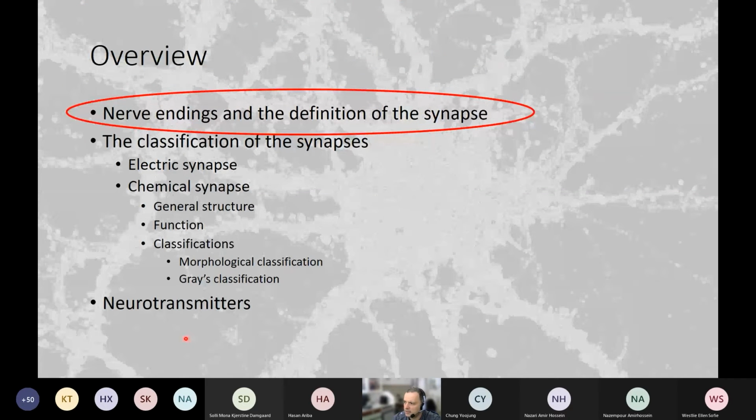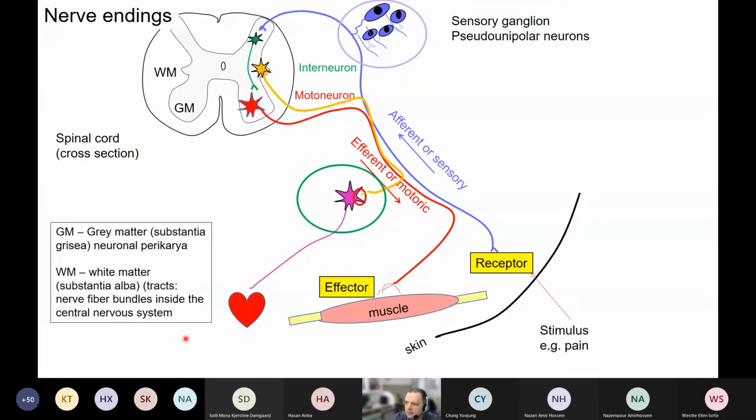Okay, nerve endings and the definition of the synapse is the first part. This slide is already familiar to you. I don't want to explain the whole story again, just to remind you that the stimulus comes from the environment. It will activate the receptors of the skin, and these receptors are found in nerve endings.